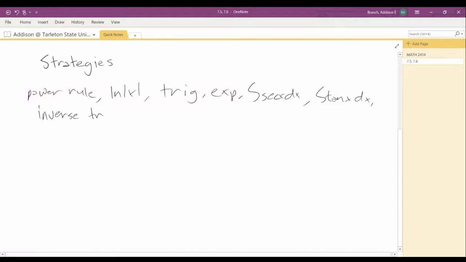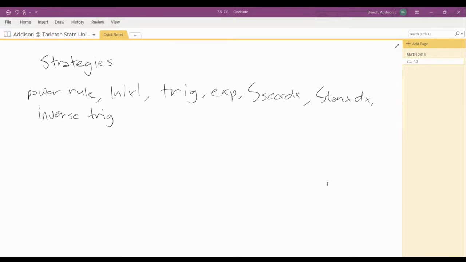Now we have to think about how we can combine everything, because not only do we have these, but we also have different integration techniques such as u-sub, trig sub, and integration by parts. So let's see how we can combine all of this information into something that's actually pretty easy to learn.